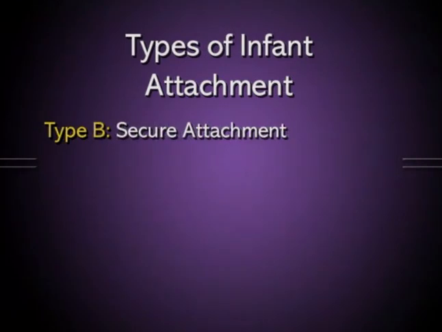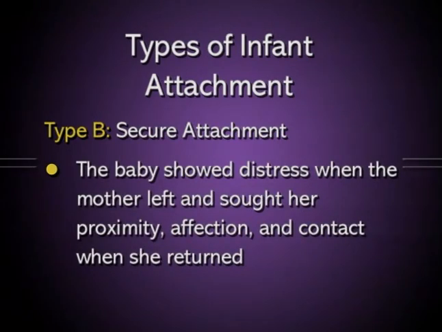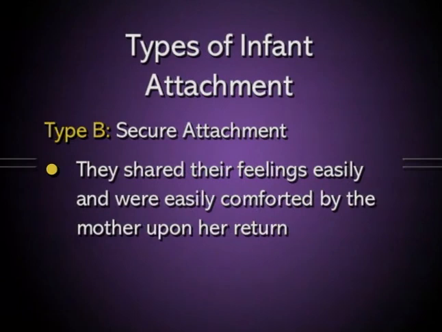The type B attachment she called secure attachment. Babies in this case showed a lot of distress when the mom left. They tried to seek her proximity, affection, and contact when she returned. They would rush to her. They shared their feelings easily, whether negative, when they were upset, or positive, when they were happy.